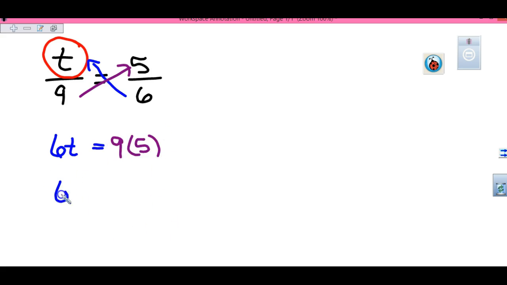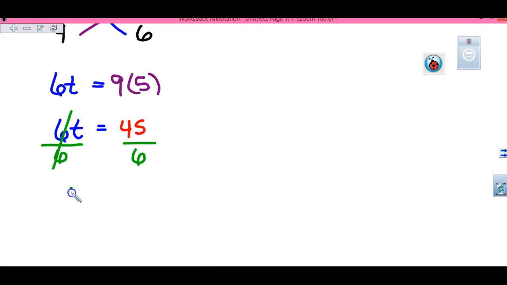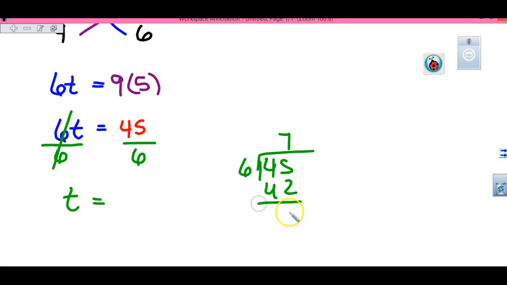So this means that 6t is equal to 45. We can divide both sides by 6. So t is equal to 45 divided by 6. 6 goes into 45 7 times. So t equals 7.5.